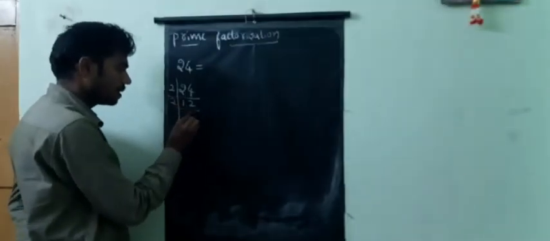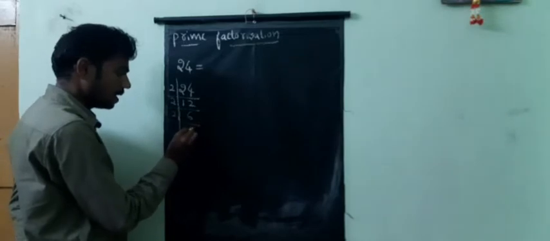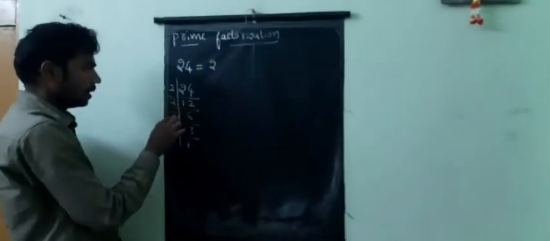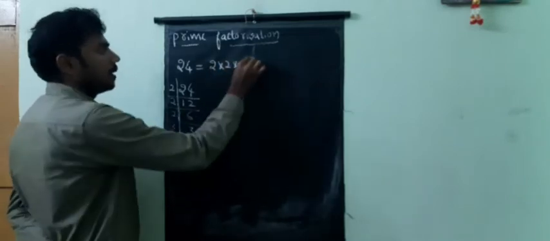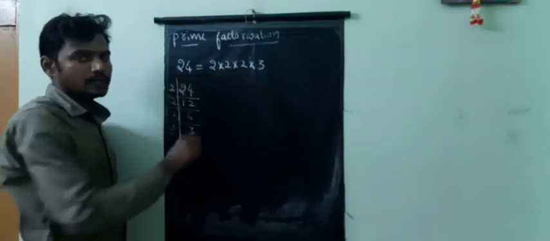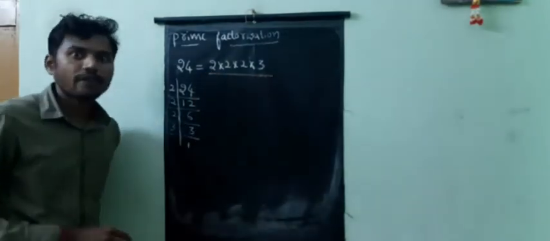Again the number is ending with 2, I can start with 2: 2 6s are 12. Again 2 3s are 6. Next, 3 1s are 3. So 24 can be written as 2 into 2 into 2 into 3. See, 24 is expressed in terms of prime factors. This is called prime factorization.